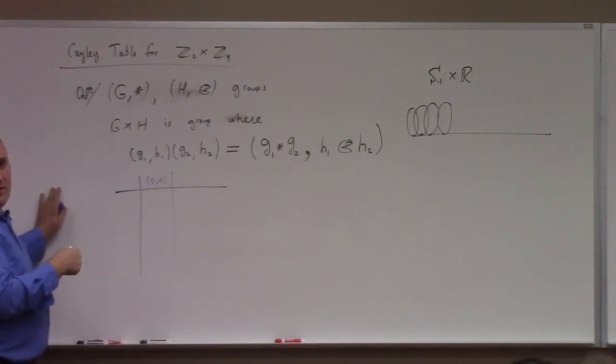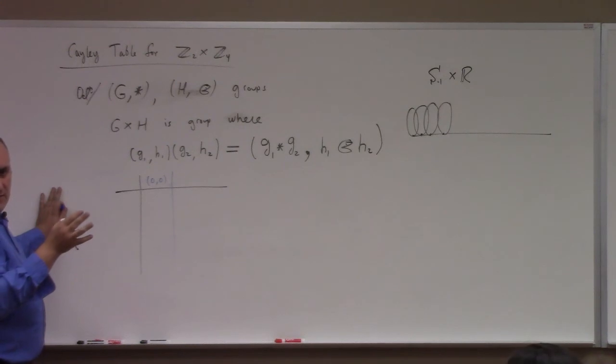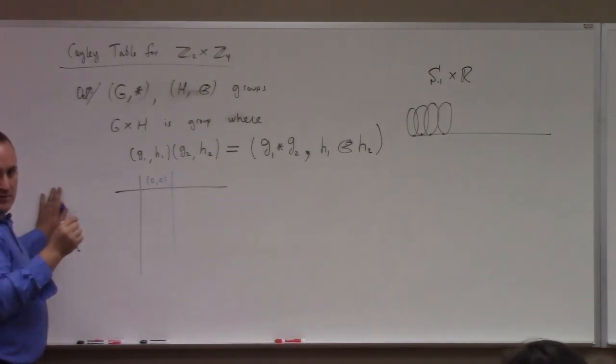4 things in there. Now, you're sure it was the Cayley table of the additive groups Z2 and Z4? I'm pretty sure you're right, because Z2 star cross Z4 is not that interesting.